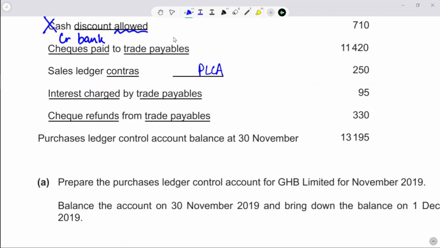Then trade payables is actually PLCA. So debit. This one credit, so this one debit. Then contra will reduce PLCA, so it's debit PLCA, and then credit contra. Okay.